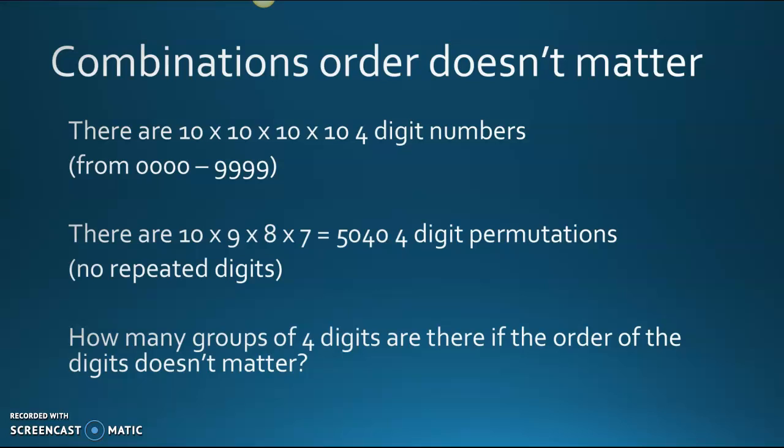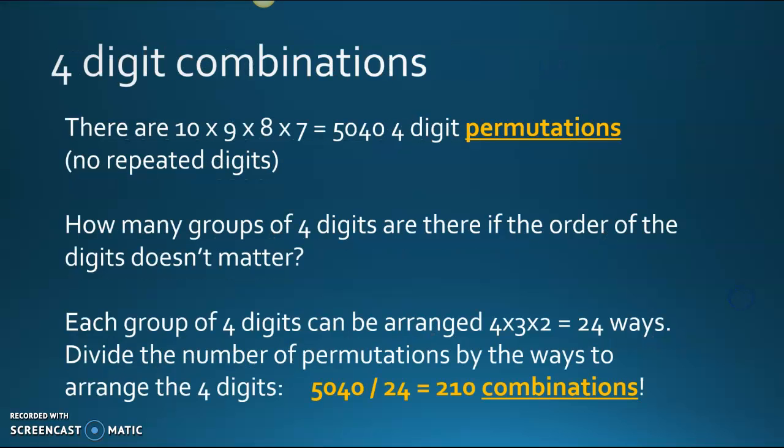But it still includes a lot of duplicate sets of 4. So how many different groups of 4 digits are there if the order of the digits really doesn't matter? That's called a combination. So 4-digit combinations. There are 5,040 different 4-digit permutations. How many groups of 4 digits are there?